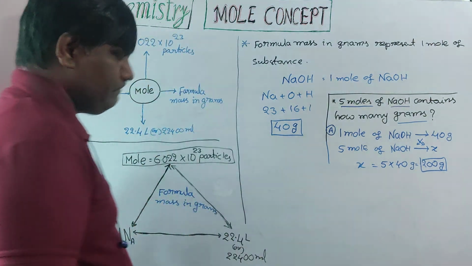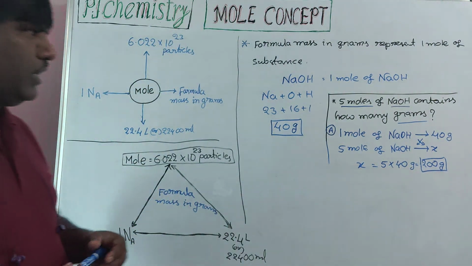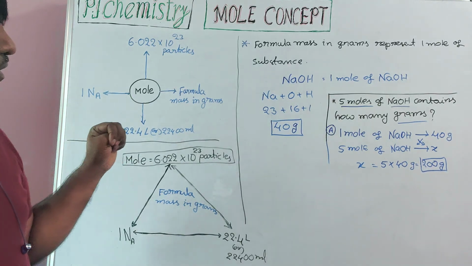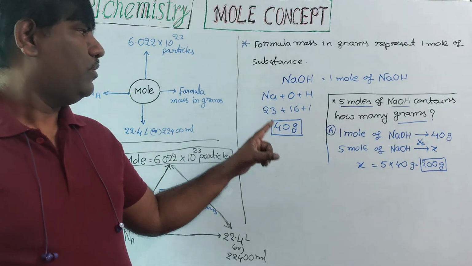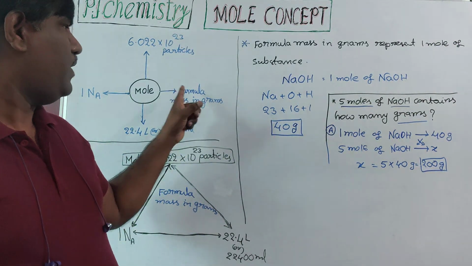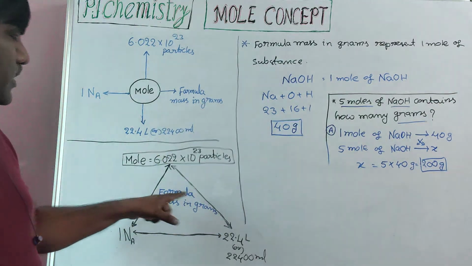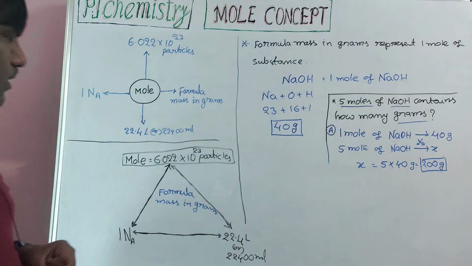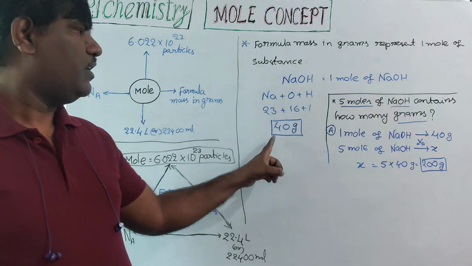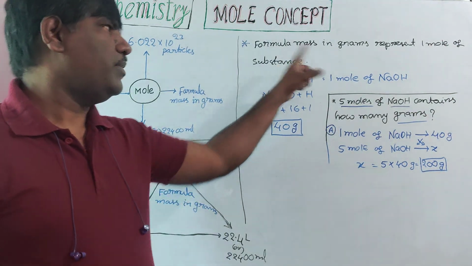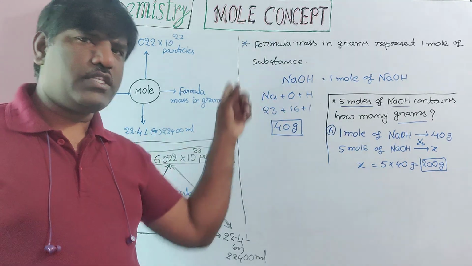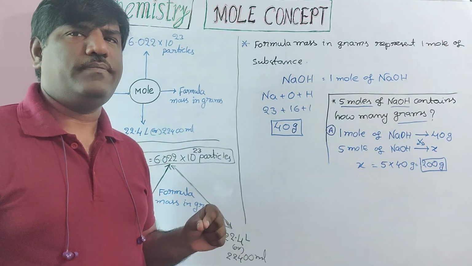Next, as per this flow chart, formula mass in grams represents 1 mole. So 40 grams of NaOH contains how many moles? 1 mole. 1 mole of NaOH contains how many grams? 40 grams.